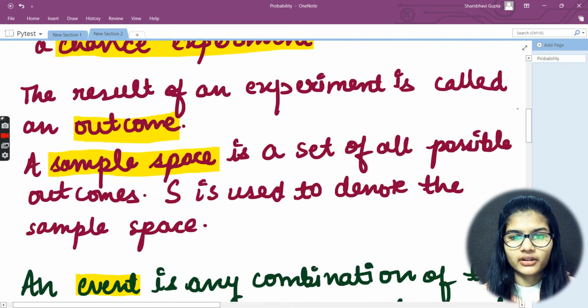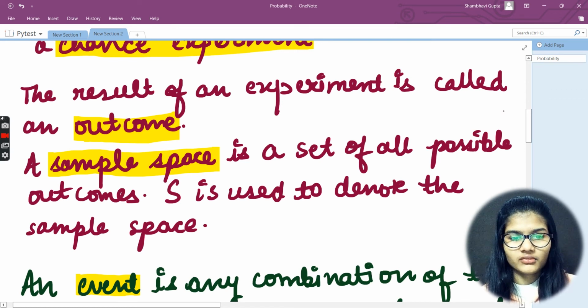The result of an experiment is called an outcome. Fine. What is a sample space? A sample space is a set of all possible outcomes. Whatever the possible outcomes are, it is a set of all of them. And how do you denote that? It is denoted using the capital S. So capital S is used to denote the sample space.